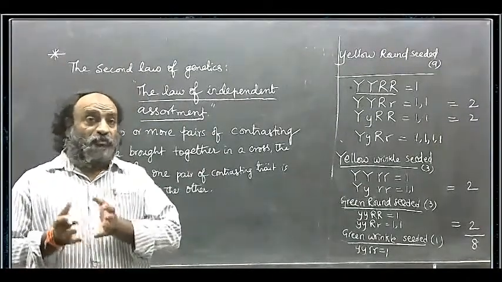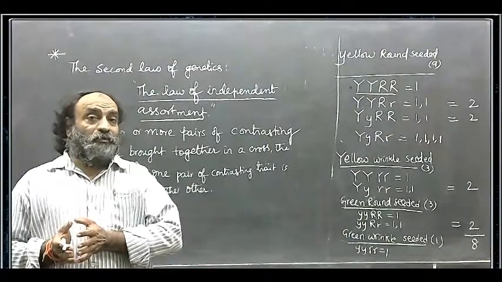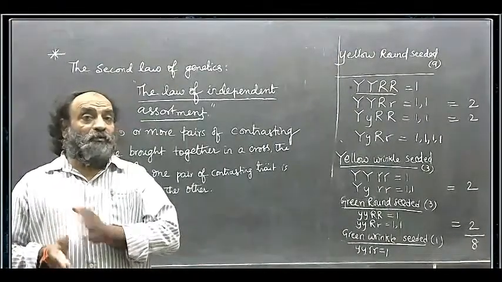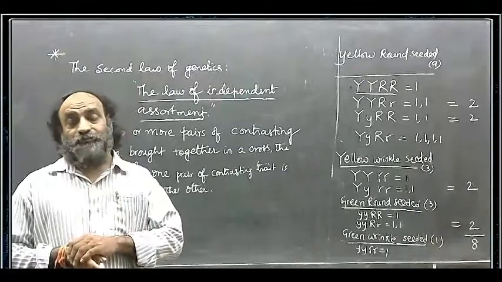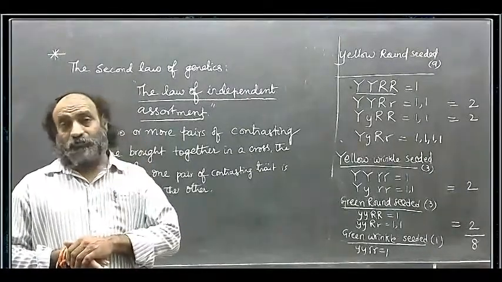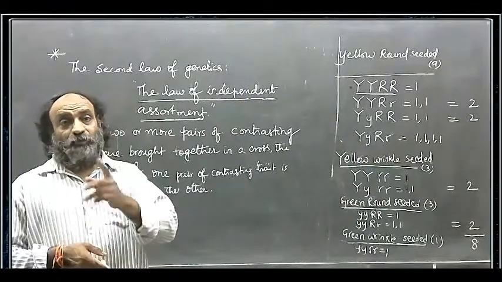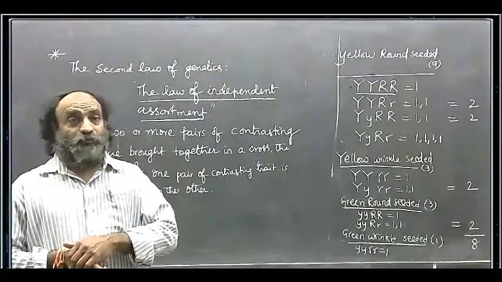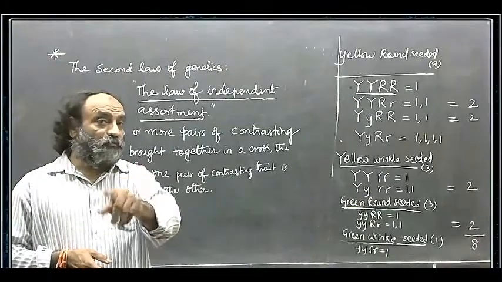The genes or alleles responsible for the color of the seed are present on the first pair of chromosomes, and for the shape of the seed on the seventh pair of chromosomes.